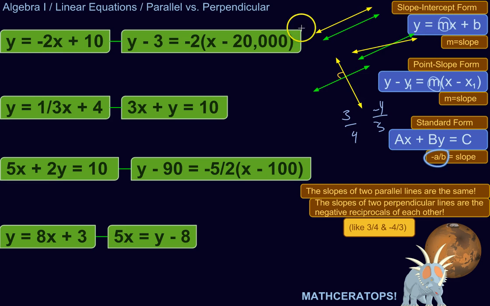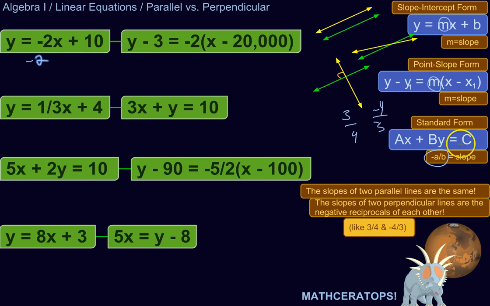First step, we'll figure out the slope of each line, then put it in one of these categories. This line, y equals -2x plus 10, looks a lot like y equals mx plus b. So that's slope-intercept form, and the slope is -2. Now what about y minus 3 equals -2 times x minus 20,000?